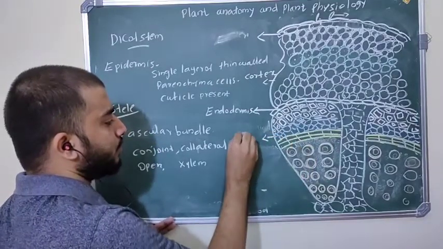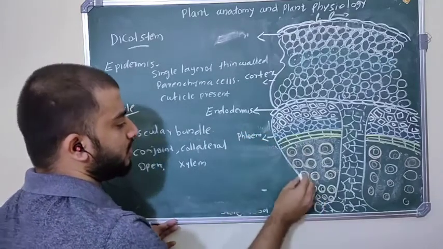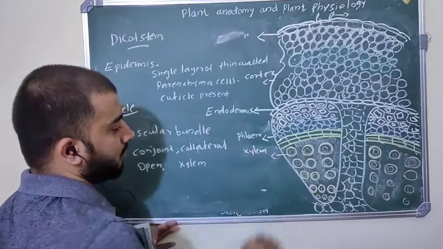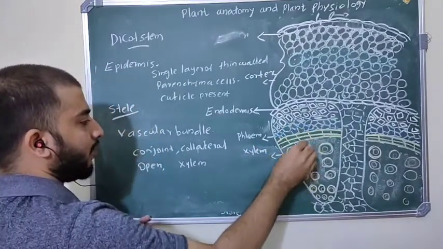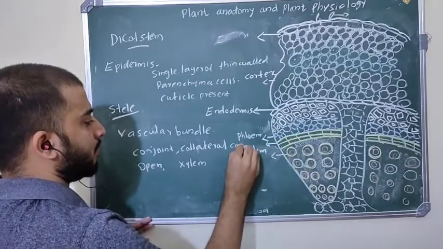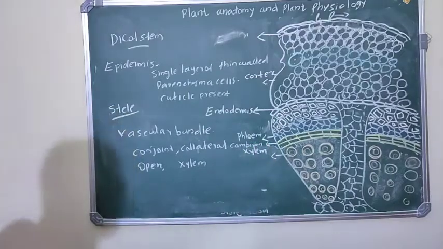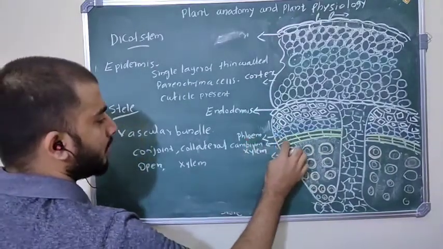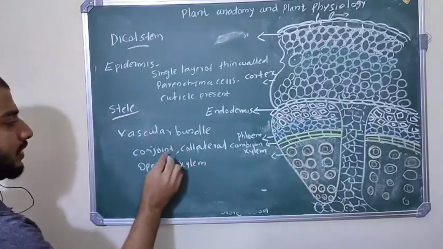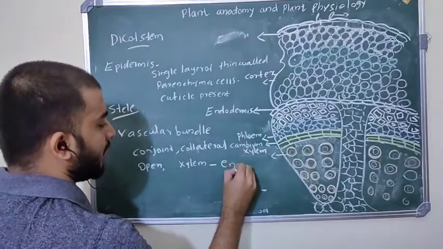This is phloem tissue, this is xylem. In between xylem and phloem, what is present? Cambium is present. So this is phloem, this is cambium, and this is xylem. They are in the same radius. That's why the vascular bundle is conjoint, collateral, open, and xylem endarch.